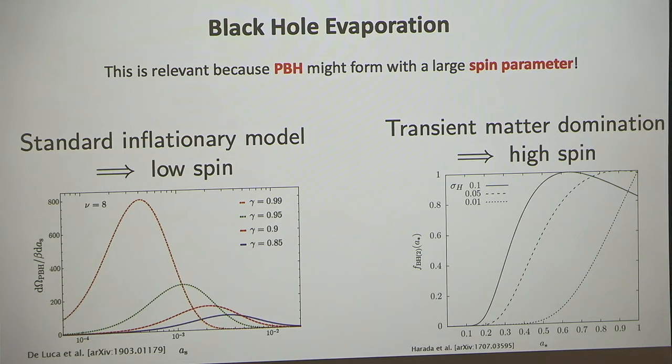Maybe the intuitive reason is that in a matter-dominated universe, matter infalls in some warpy stuff that carries angular momentum. I don't know, but this is what you have. So the extremal case is actually very relevant phenomenologically. We're going to talk about why primordial black holes might form in a matter-dominated era.